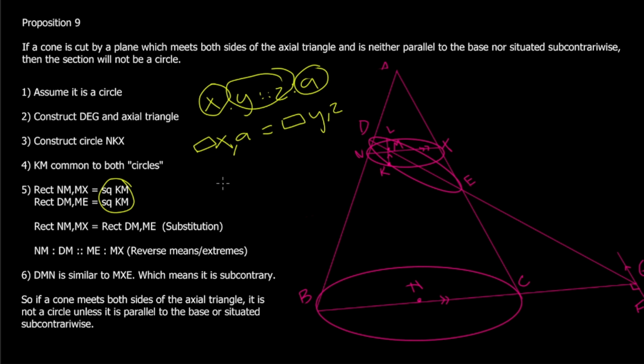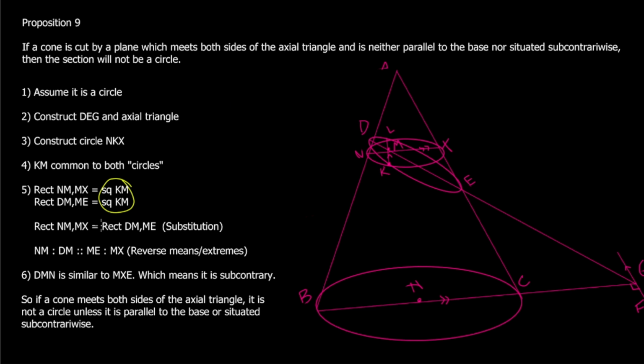On one rectangle you put these terms on the outside, and on the other rectangle you put these terms on the inside, and you get this ratio. So that's what we're going to do with this rectangle equality. NM and MX are going to go on the extremes. DM and ME are going to go on the means. And we're going to get this ratio.